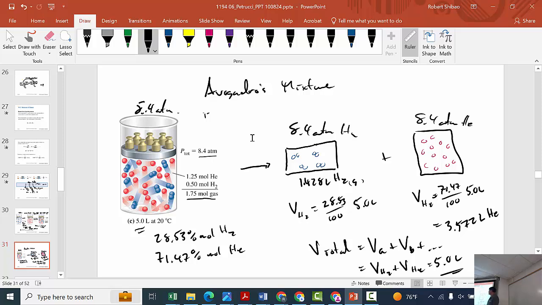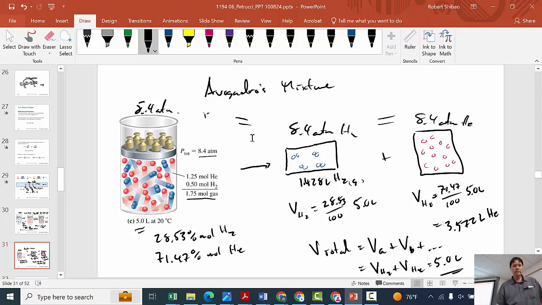And so the volumes are added in here. And so the pressures stay the same, the volumes are added in. So when you have a gas mixture, you can either think of the gas mixture in terms of Daltons or in terms of Avogadro's.